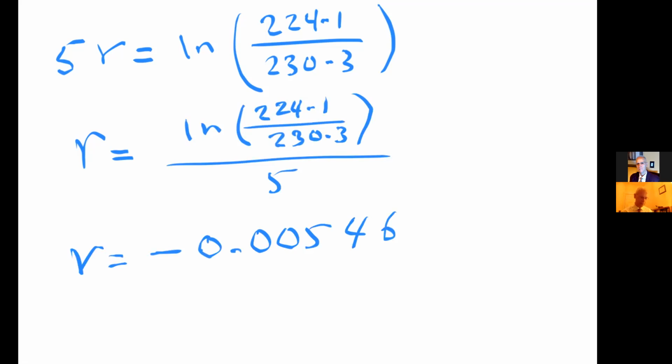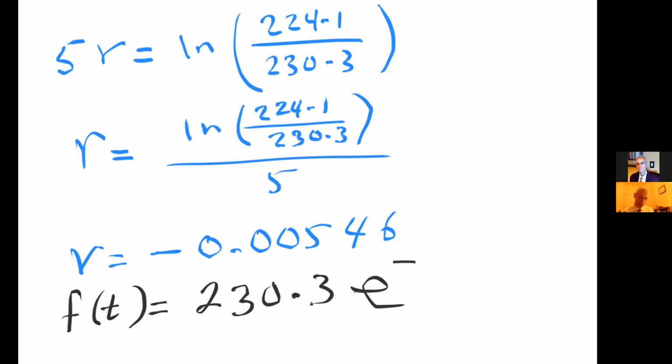Okay, so what is f of t? So f of t, f as a function of time, equals N initial, which is 230.3, e to the power of negative 0.00546 t.